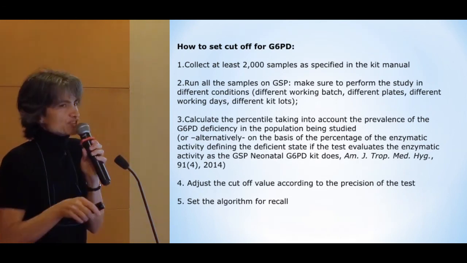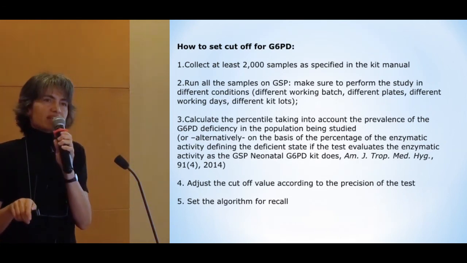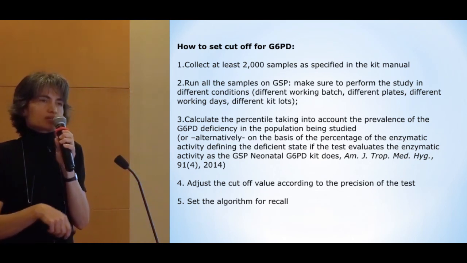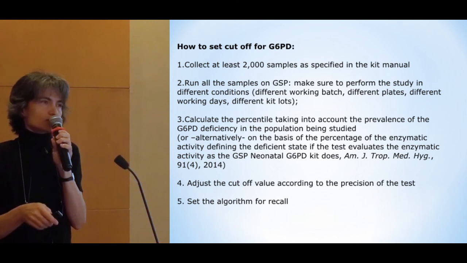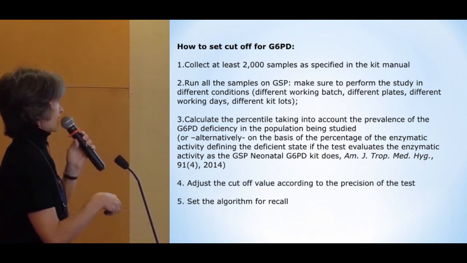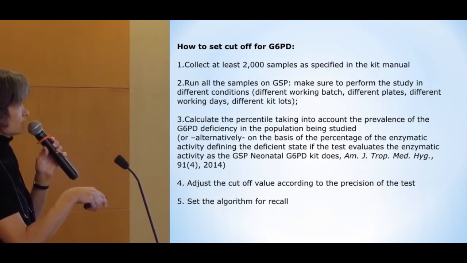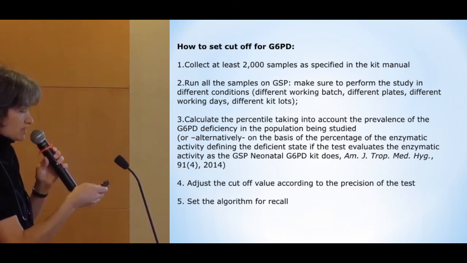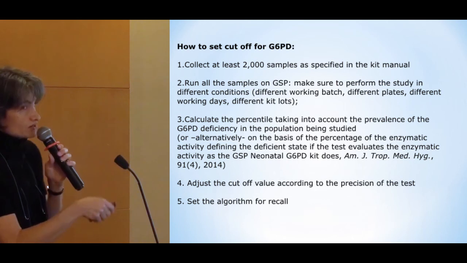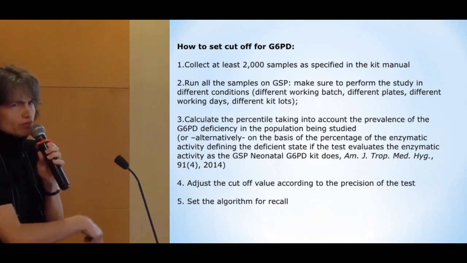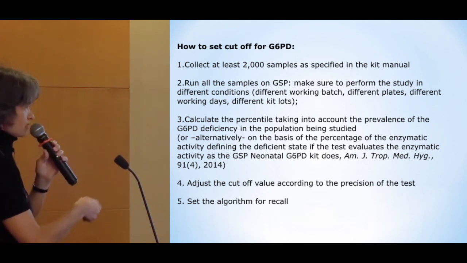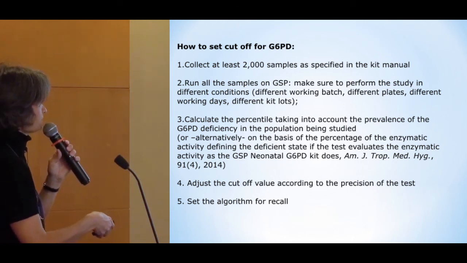So proceed just as we've been telling you: 2,000 samples, run all your 2,000 samples on GSP, and calculate the percentile, take into account the prevalence of your disease, and adjust the cutoff, and set the algorithm for the recalling. We already went through this. It's the same method, just apply it in another screening.